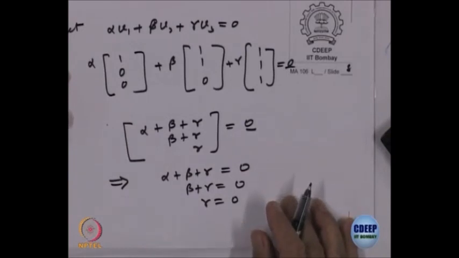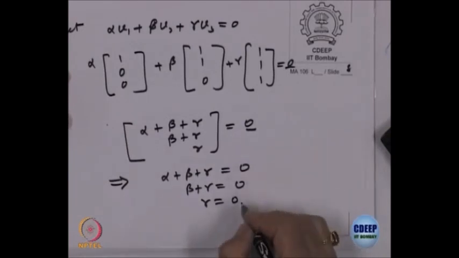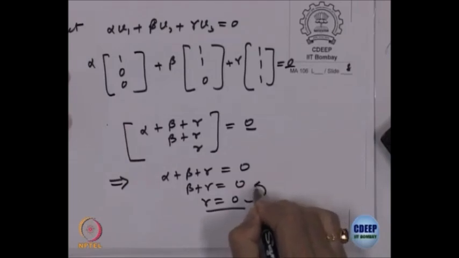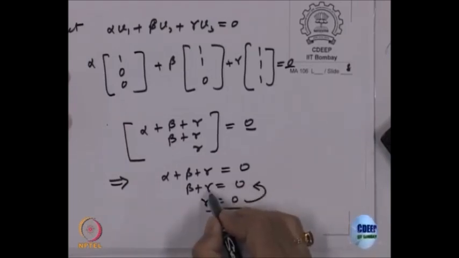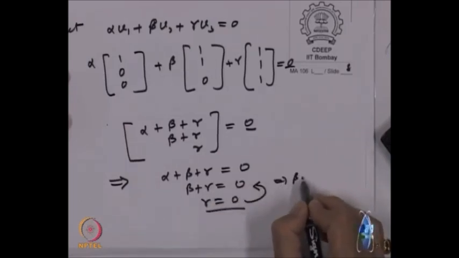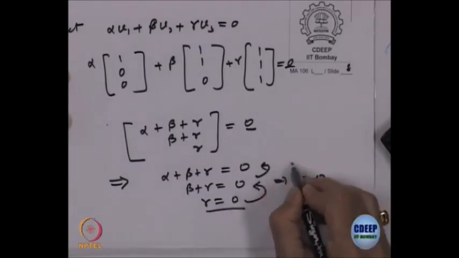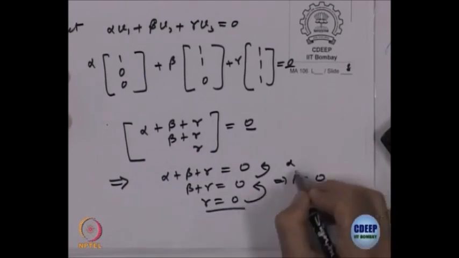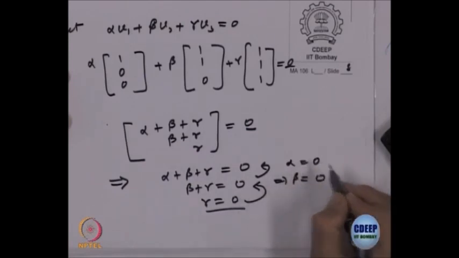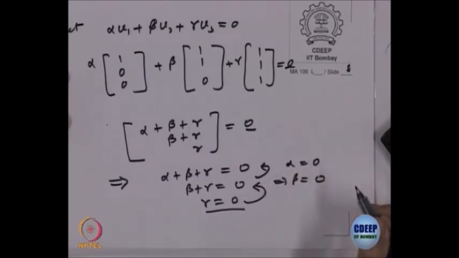So these 3 equations must be satisfied, and now gamma is equal to 0. If I put it backward here, gamma is 0, that implies beta is equal to 0. Now beta and gamma are both 0, put the values in the first equation, that implies alpha is also equal to 0.